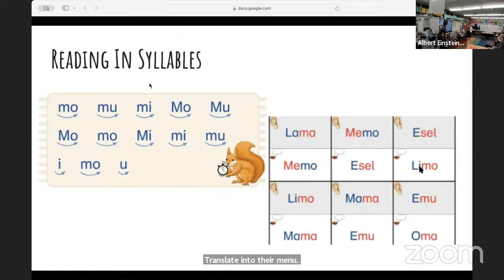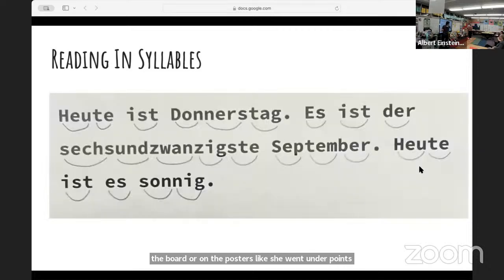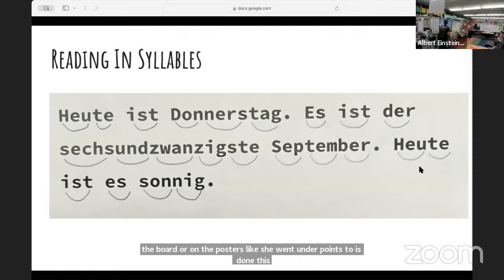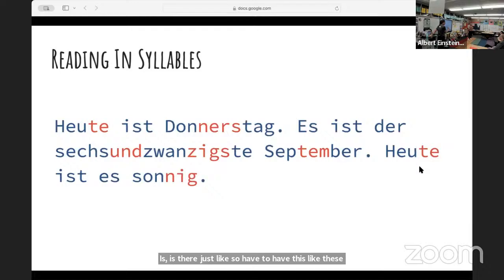And so yeah, if you see that text, heute ist Donnerstag, es ist der 26. September, heute ist es sonnig, oh, that's a lot. So what we do, we give them the syllable markers, and you maybe saw when Frau Tolson was on the board or on the posters, she went under heute ist Donnerstag, to be aware of those syllables, and then when you add the color, that is even another step, where I can just focus on saying them fluently.